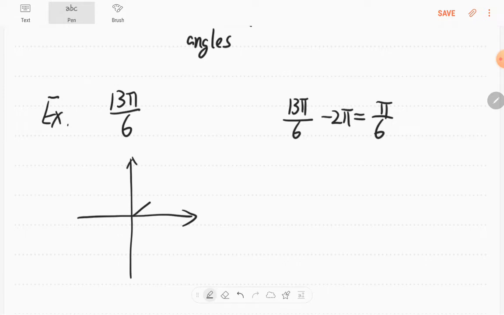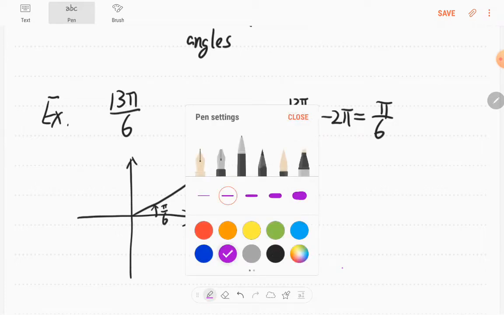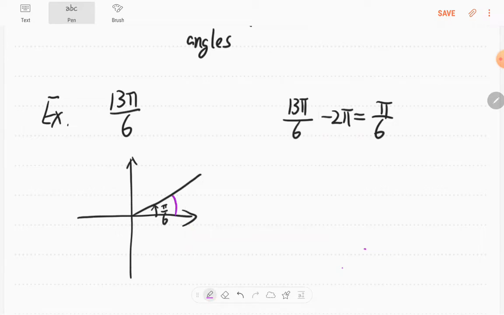So this is pi, this is pi over 6. And 13 pi over 6 would be this one, after one more round, right? This is 13 pi over 6 because 13 pi over 6 equals 2 pi plus pi over 6.